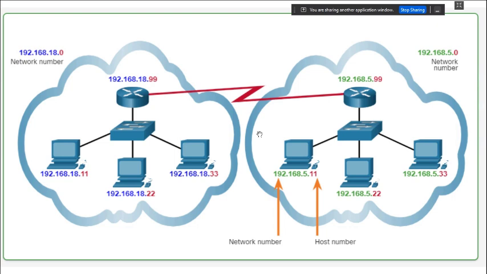I'll come again. If you look at the IP addresses on the network to the left, the first 3 octets are the same, which represents the network number.